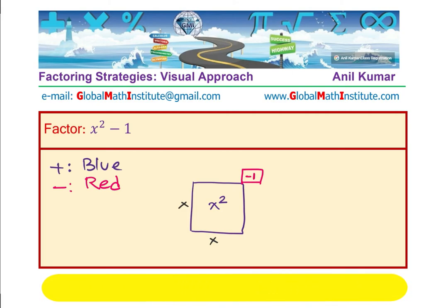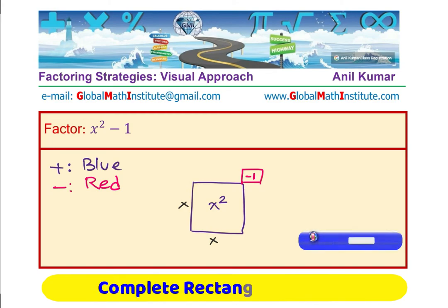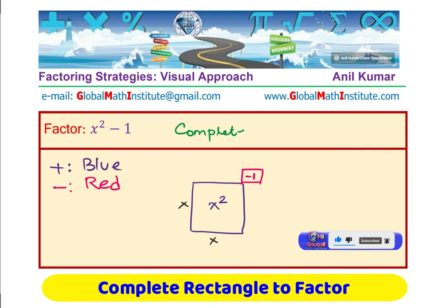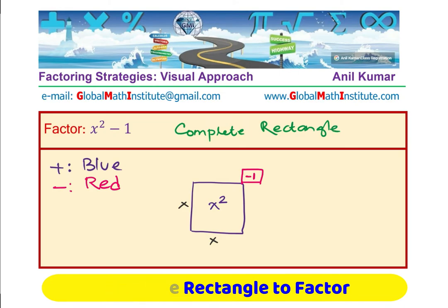Now the idea here is to complete the rectangle. So basically, what we are interested in doing is to complete the rectangle. So we could complete by adding a tile here and a tile there. Do you see that?